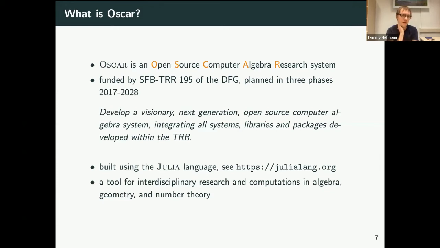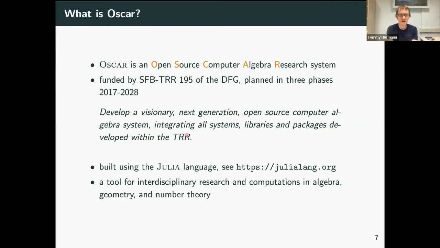We're currently in stage 2. And here's our vision. We want to develop a visionary next generation open source computer algebra system, integrating all system libraries, packages developed within the TRR. So a lot of business, advertisement, language.